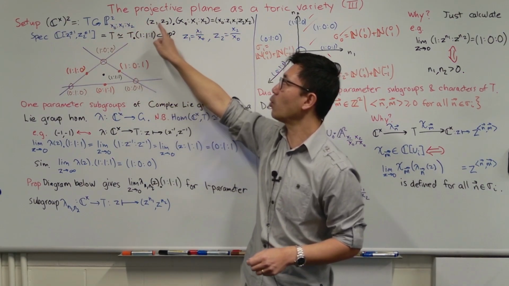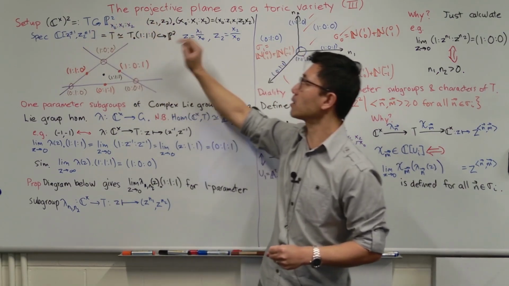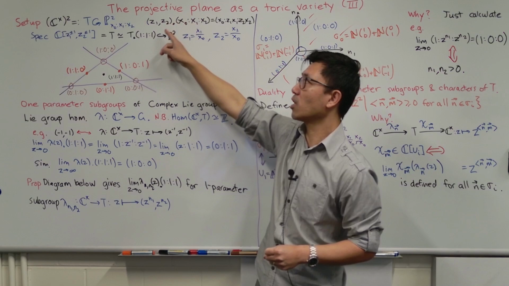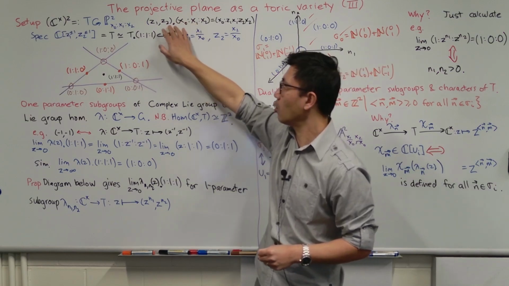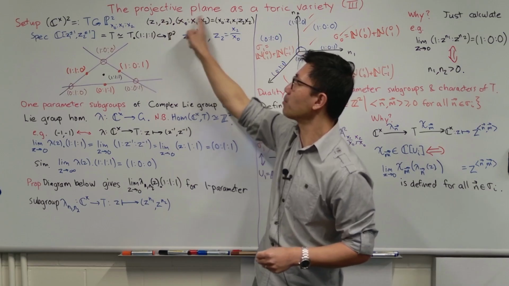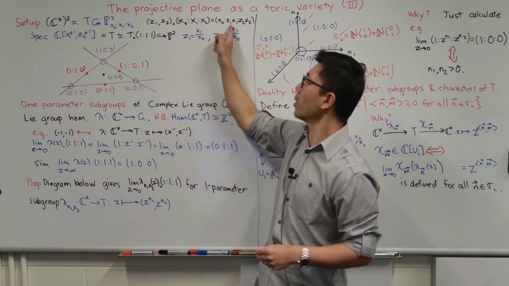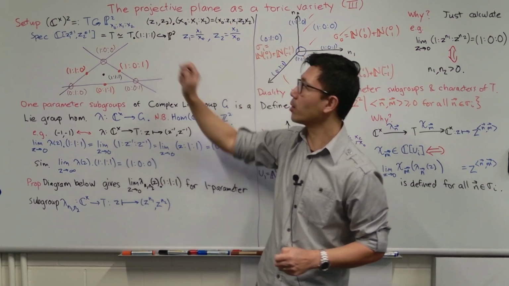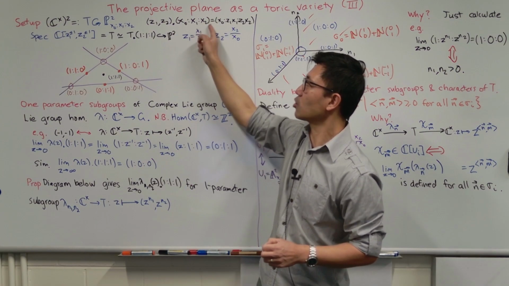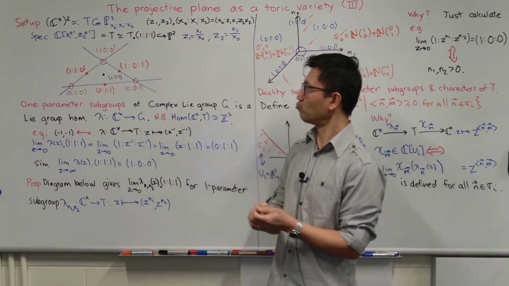If you have z1, z2 inside the torus acting on this homogeneous coordinate, we've got a little bit of choice here, and the choice that we'll pick is that the action will map this point to x0, z1 x1, z2 x2. In other words, the z1, z2 scale the last two coordinates like that.